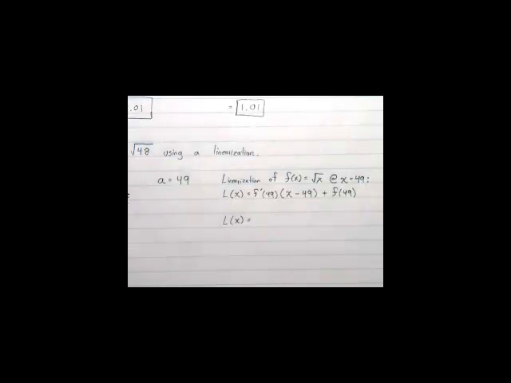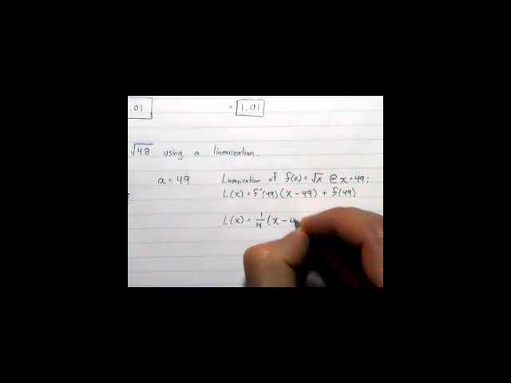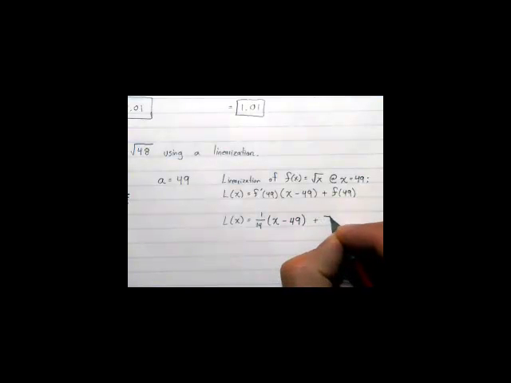Good. Yep, it'd be 1 over 2 times the square root of 49. So 1/14. X minus 49, well, you can just leave that as x minus 49. That's fine. And then what is f of 49? 7. All right, so there's your linearization equation.